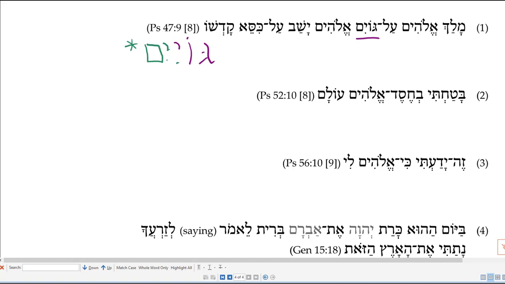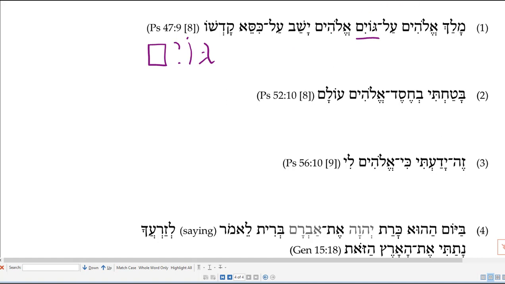Instead, this is written a little bit differently, so it's an irregular plural. We just add a hirik under the yod, followed by a final mem. So it becomes goyim. Sounds very similar, but rather than a hirik yod, we just have a hirik followed by the mem. Now we can look that up if we need to and verify that.